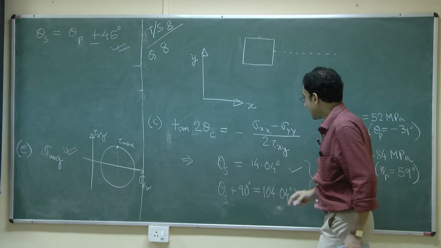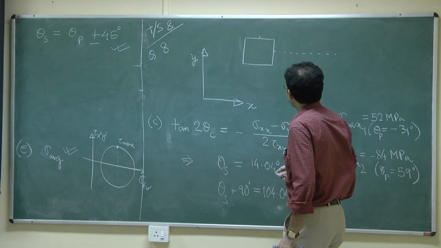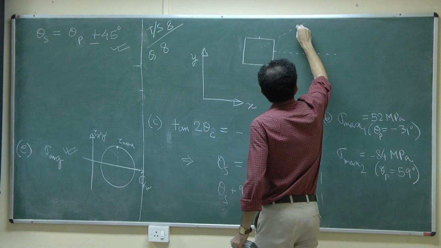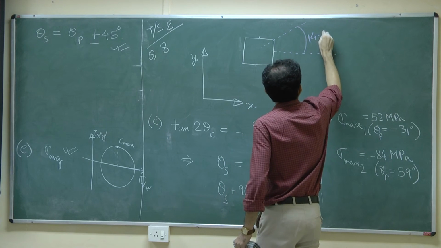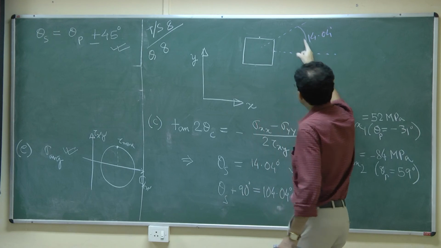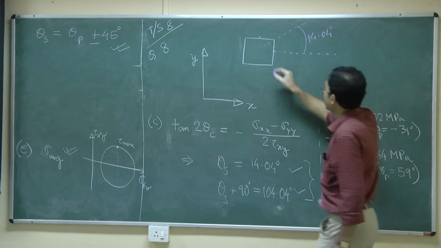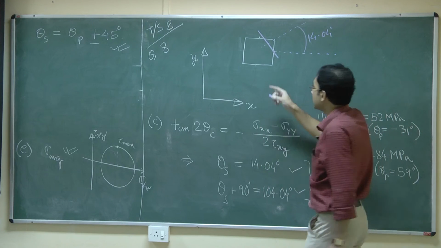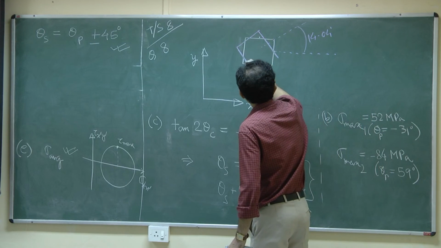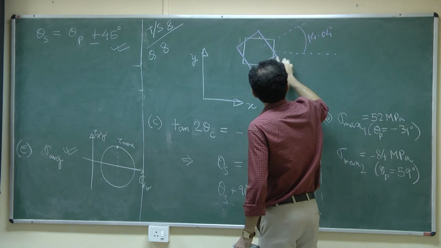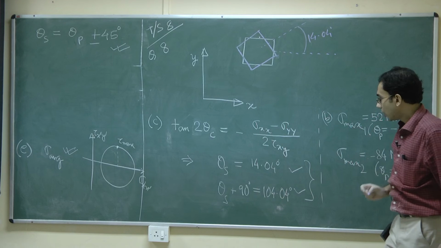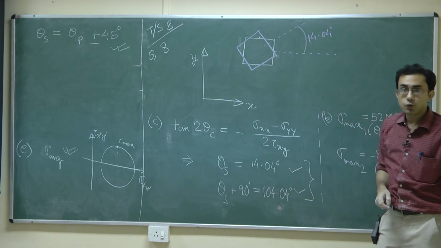So, this theta s of 14.04 degrees basically means that you need to tilt a line which is at 14.04 degrees here, and then draw a plane which is perpendicular to it, and then complete the square. This is quite easy to understand, but what is the meaning of this 104.04?